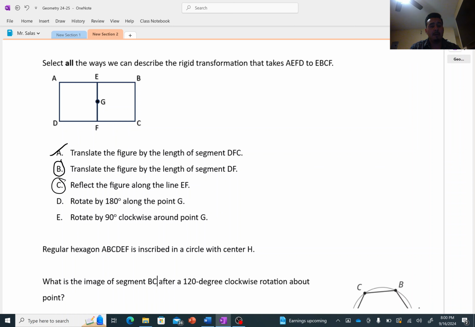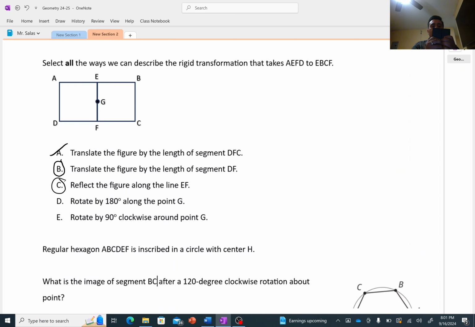Let's look at option D. Option D says rotate by 180 degrees along the point G. Now, let's say I have these two remotes, okay? They're next to each other.